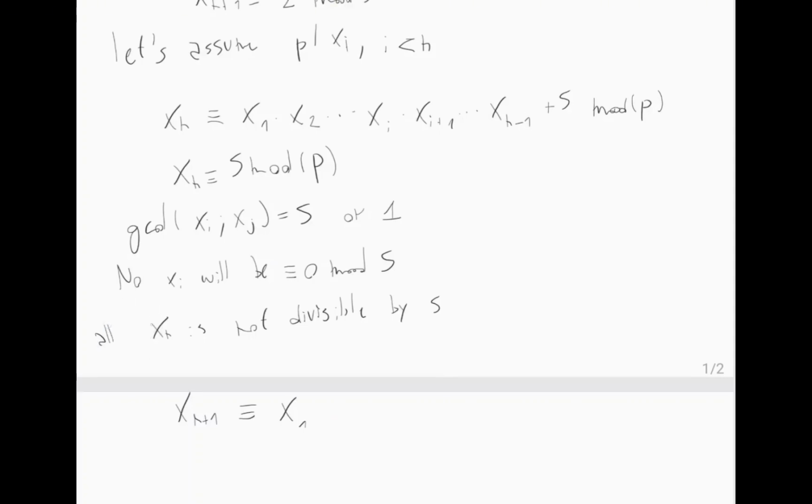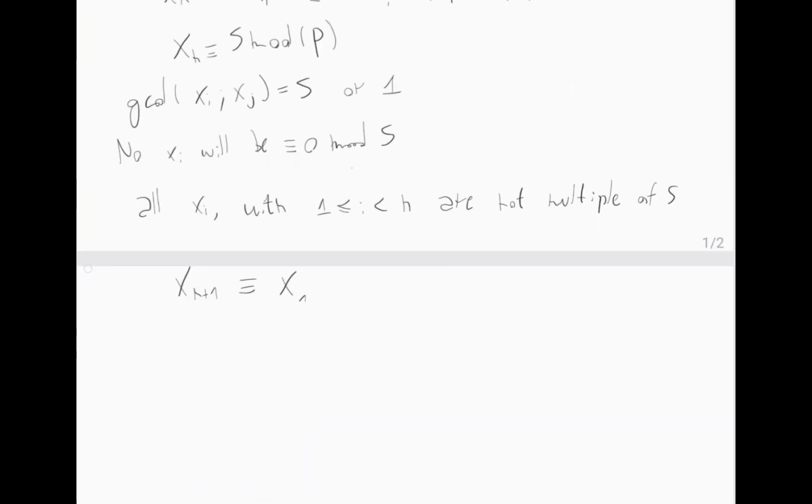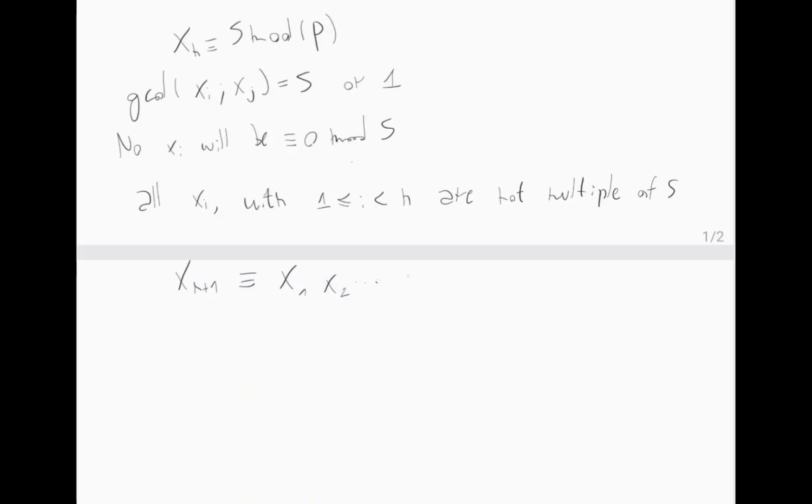Suppose that all xi with i greater than or equal to 1 and smaller than n are not multiples of 5. Then xn will be x1 times x2 and so on until xn minus 1, plus 5.